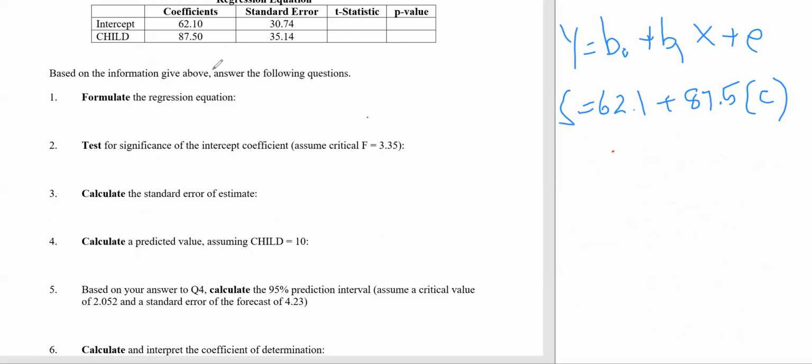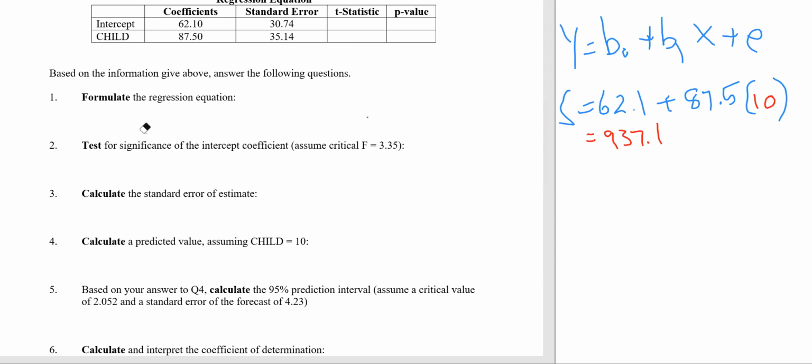So I'm just going to drop in a value of 10, and if we do this math, we end up with a predicted value of 937.1. That's our predicted value.